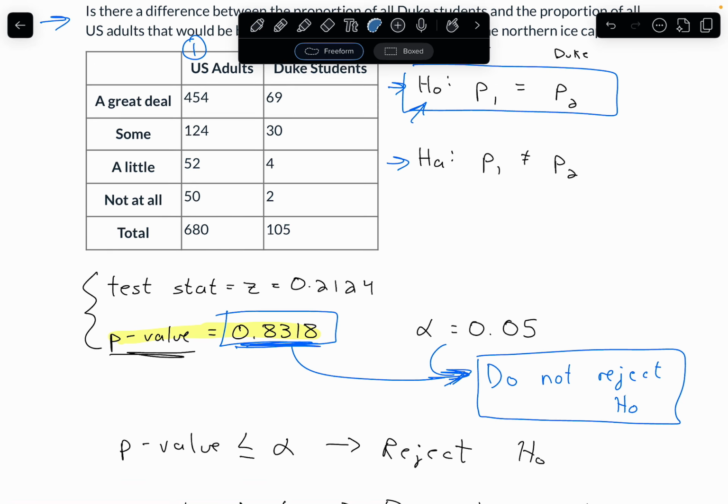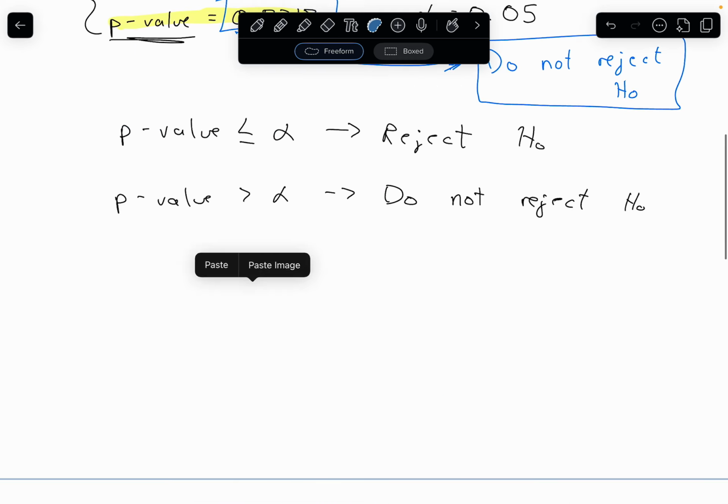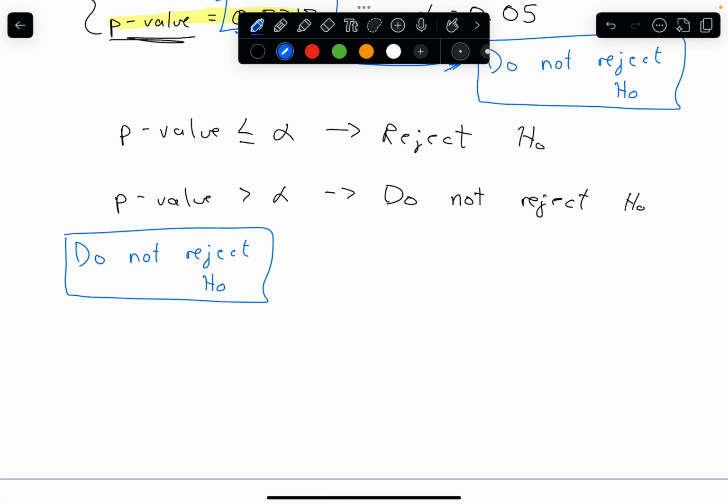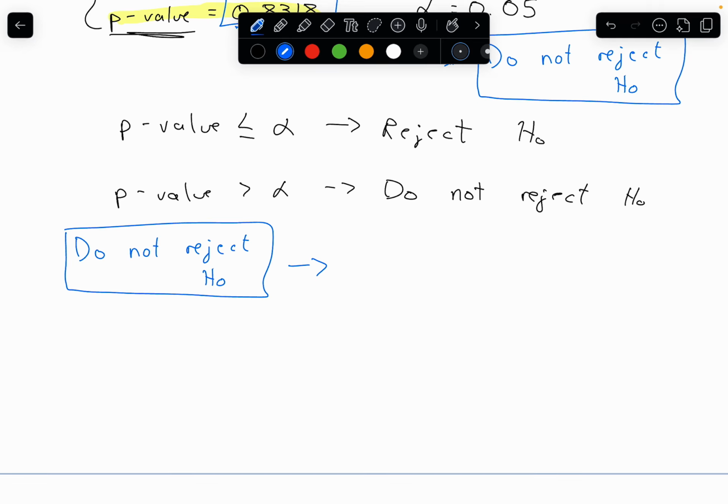So the decision and the interpretation of that decision are basically the same, as we've seen. We said already our decision was to not reject H0, and if I was going to talk about that decision, if I do not reject H0, that means that there's not enough evidence to support the alternative hypothesis. So we said do not reject H0.